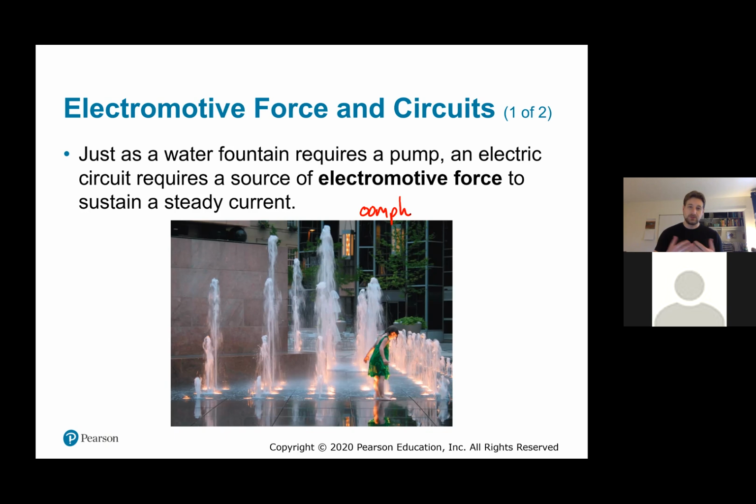If I want to get them to move more, I push them harder. I need more oomph, which is about as good a name as electromotive force, because it isn't force. It's about as precise as oomph.